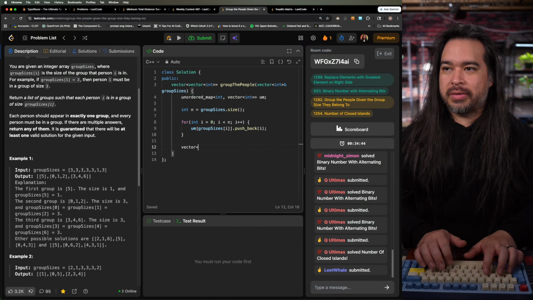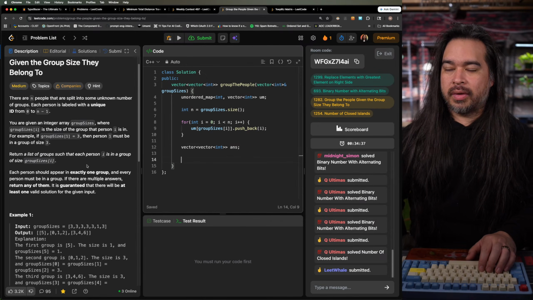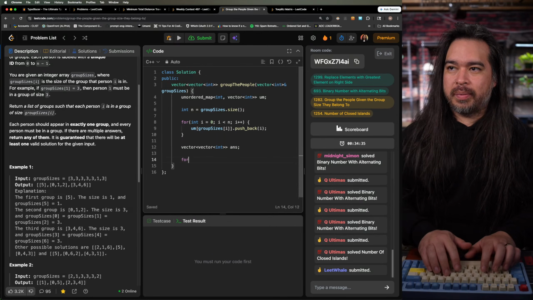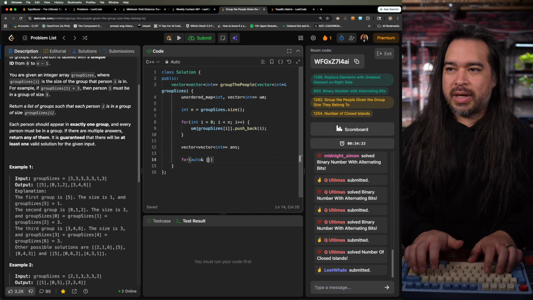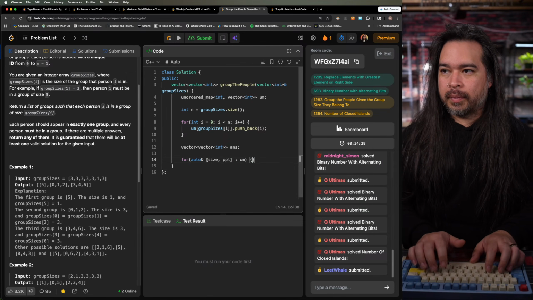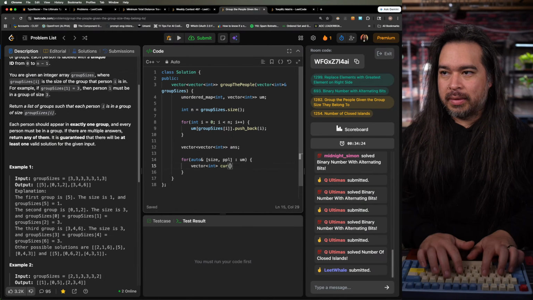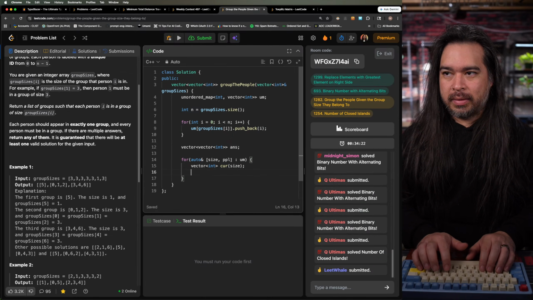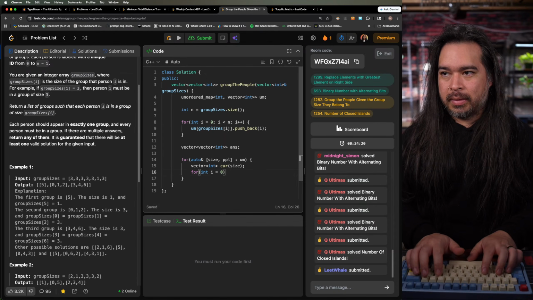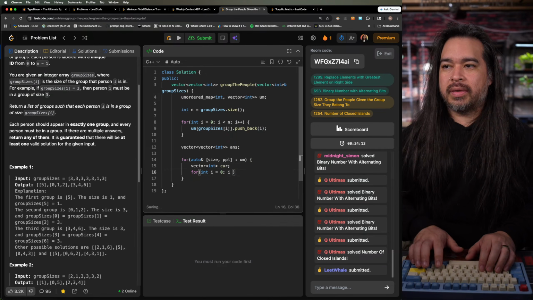Alright, so now what am I going to do? I'm iterating over all those group sizes. And I must say, wait, let me think.